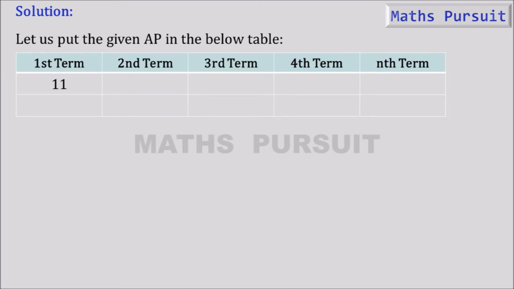Now putting 11 under first term, 8 under second term, 5 under third term, 2 under fourth term and minus 150 under nth term. And minus 150, here we have assumed minus 150 to be a term because we need to find out whether minus 150 is a term or not, and naming A1 to first term, A2 to second term, A3 to third term, A4 to fourth term and An to nth term.